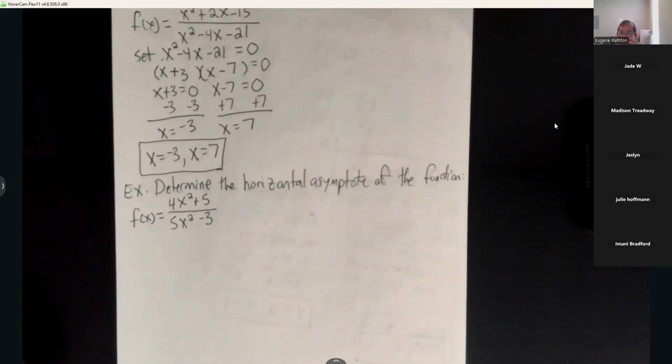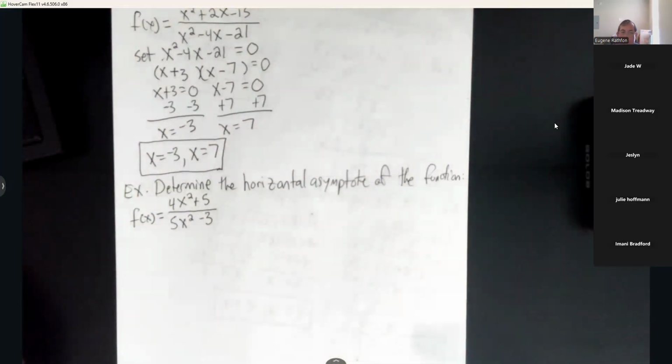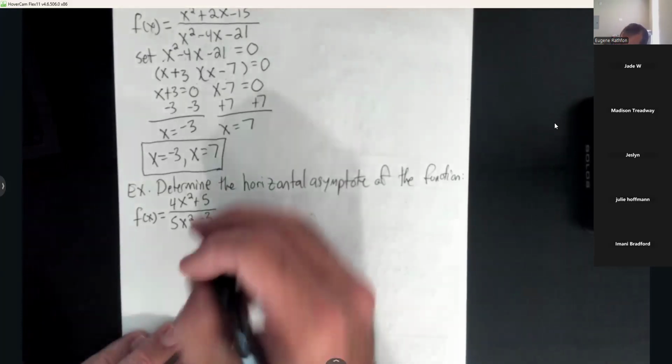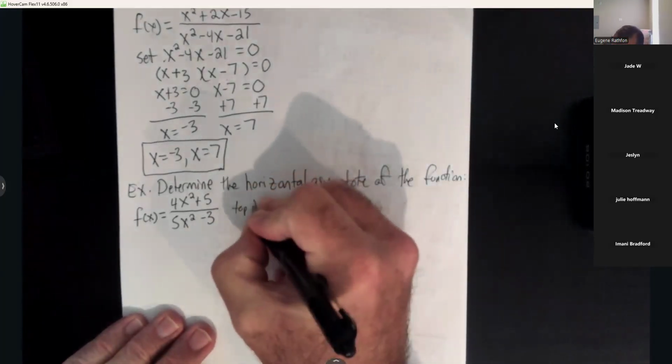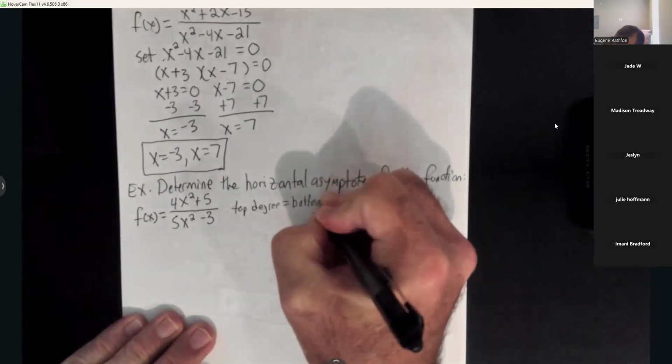All right, y'all, you had 3 cases. You was higher on top on the degree, you were higher on the bottom on the degree, or they were equal. So what case does this one have? Exactly, they're equal. So the top degree equals the bottom degree.